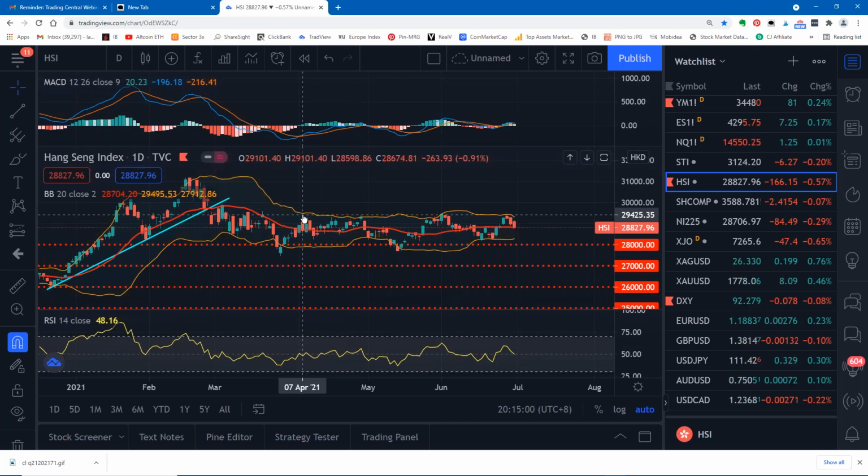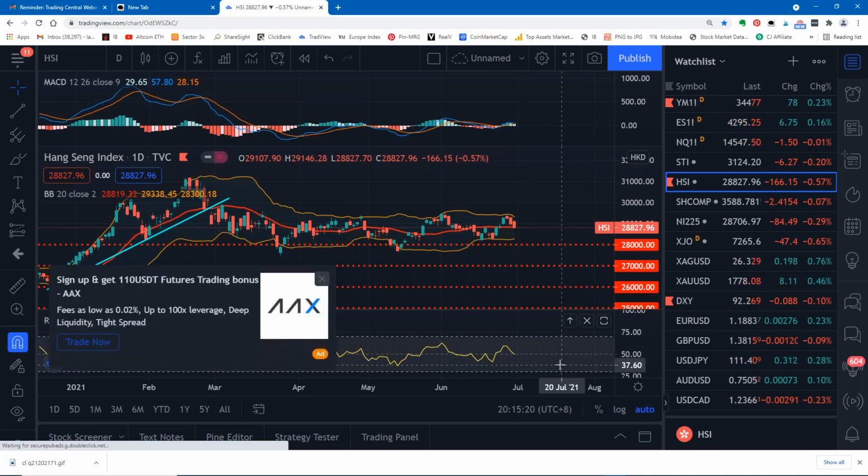Starting from March, it is trading in this range below 30,000, and I don't see much upward momentum at the moment. You can see MACD, and the RSI is just 50.